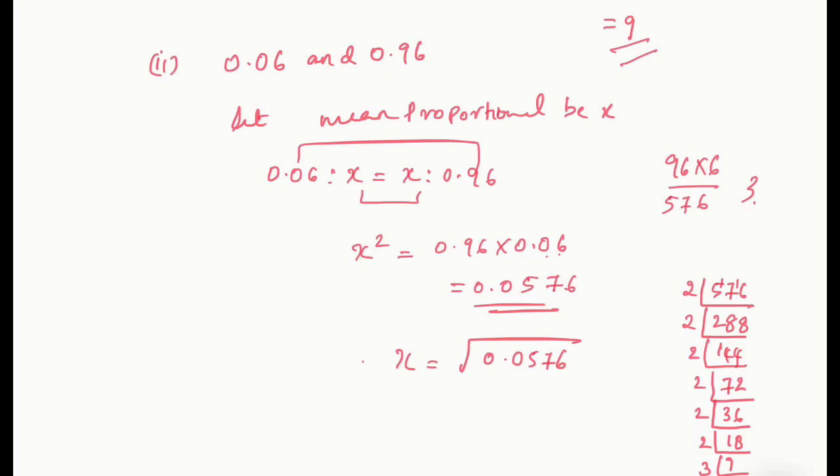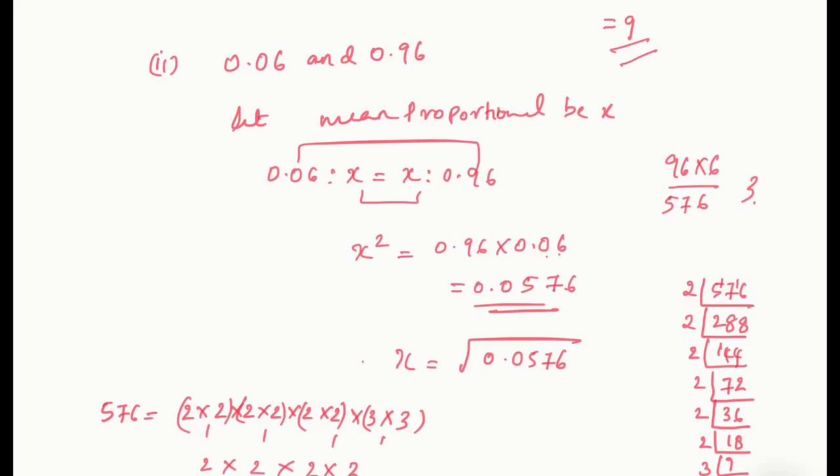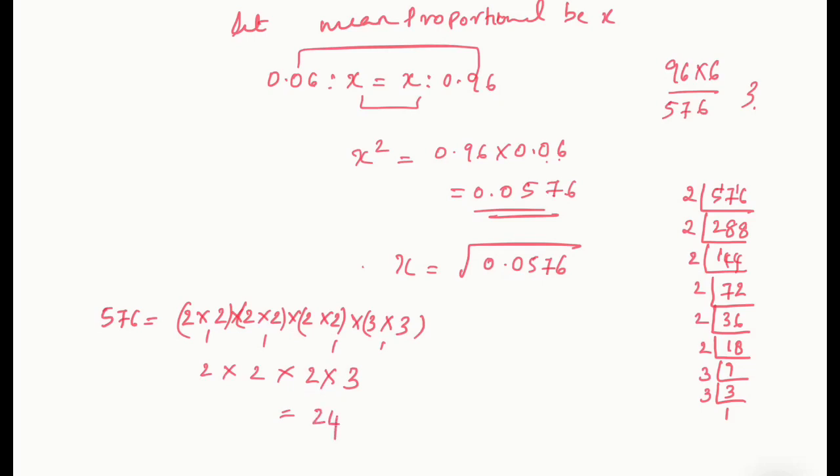So you can write 576 as 2 into 2 into 2 into 2 into 2 into 2 into 3 into 3. You have 6 2s here. Group them. From each pair you need to take one number out. Understood? So here 2 into 2 into 2 into 3. 2 2s are 4, 4 2s are 8, 8 3s are 24.